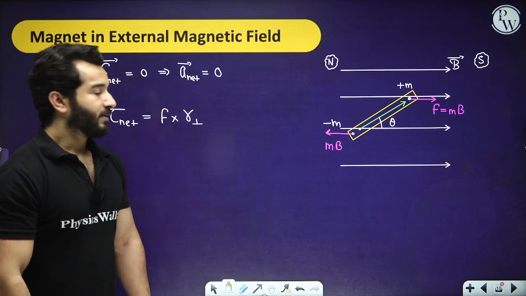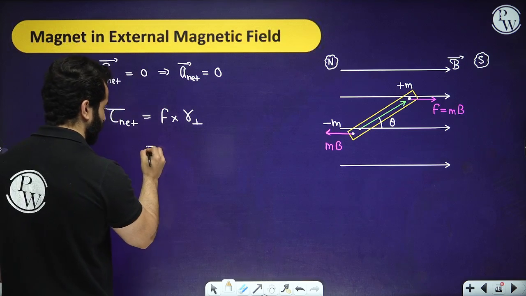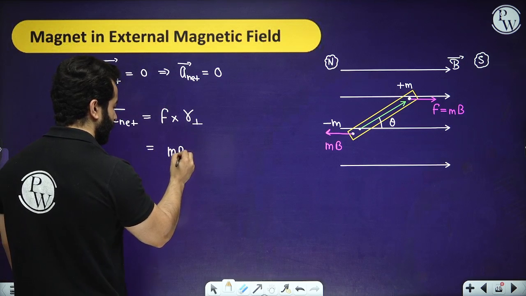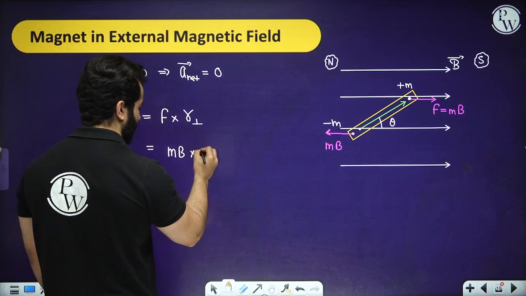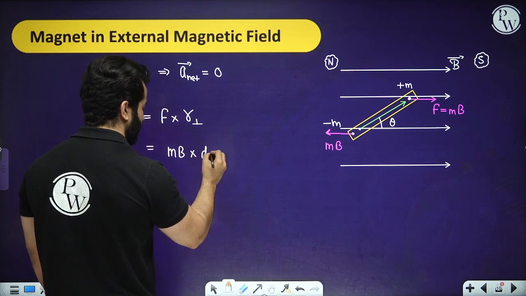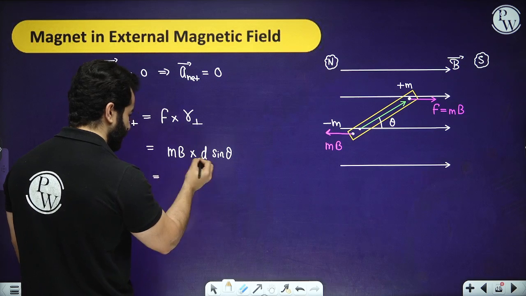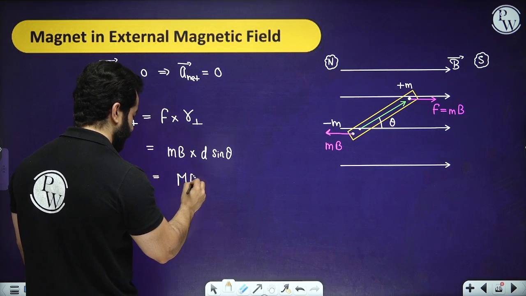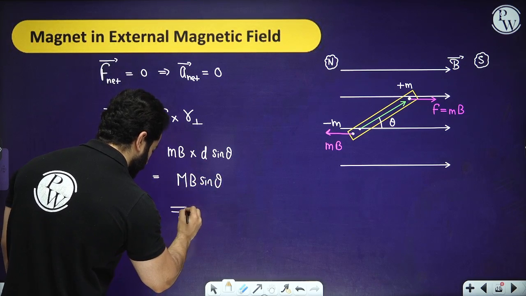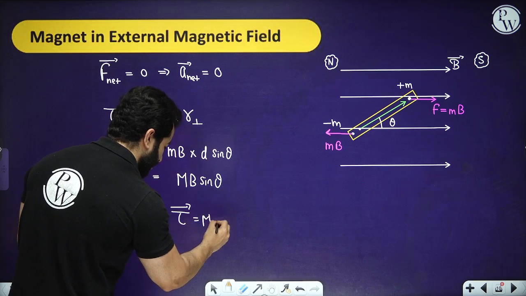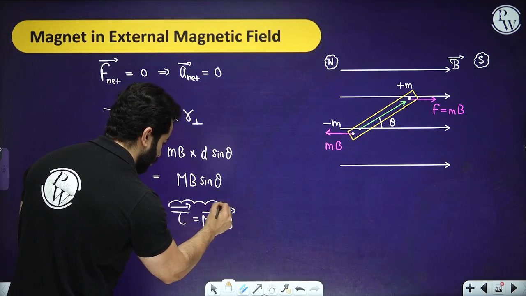So we are going to say mB, because these two forces are making a couple, mB times, let's say the distance between them is d, so it will be d sine theta, right? Now m times d is your magnetic moment, M B sine theta, or what you can write in vector form is torque equals M cross B. Everything is similar, I have already told you, so not to worry about anything.